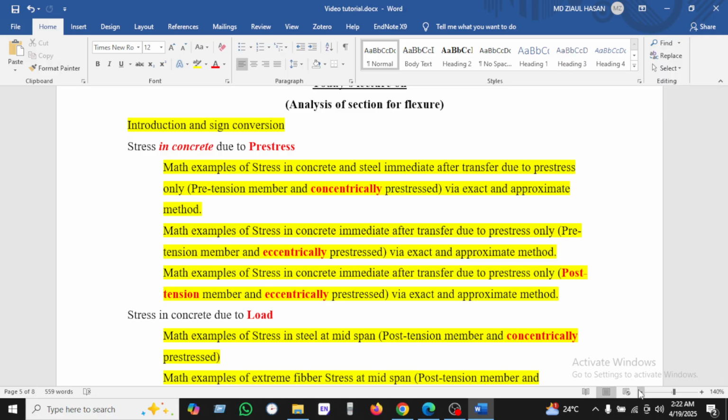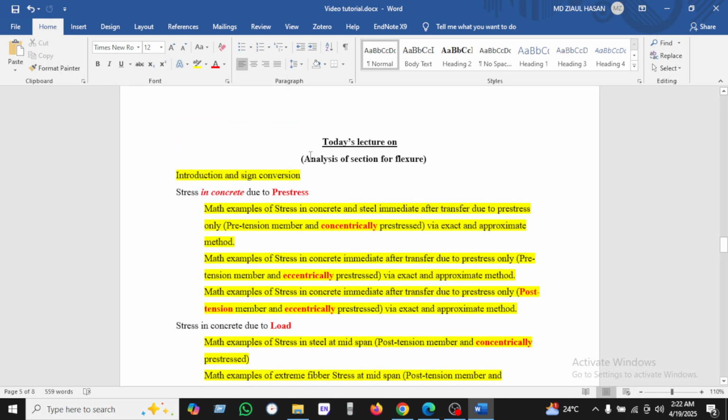So this was a very big lecture. I'm just going to summarize again. This is the analysis section of flexure, that means beam, and I introduced the sign convention, positive and negative: compression for minus and tension for plus, and stress in concrete due to prestress load.